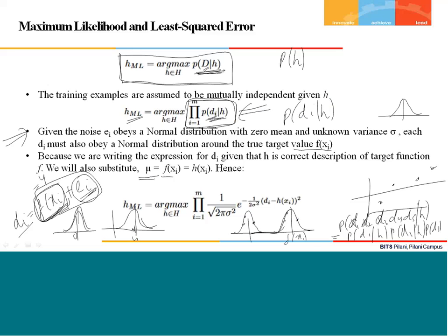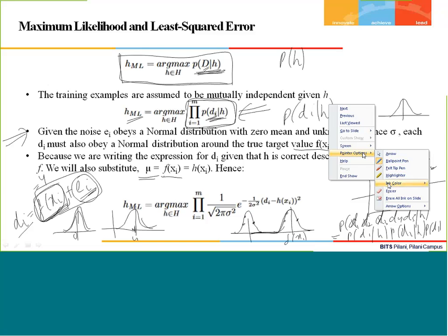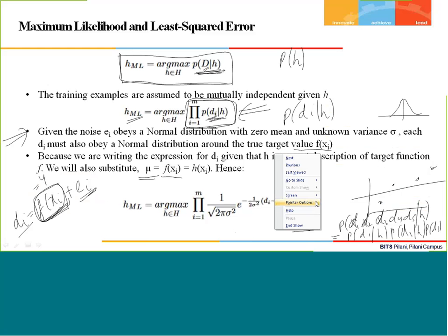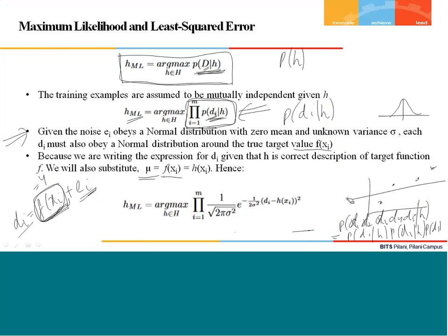What does this mean? When you consider the formula of the normal distribution, you would have 1 upon e to the power minus (x minus mu) the whole square over 2 variance.